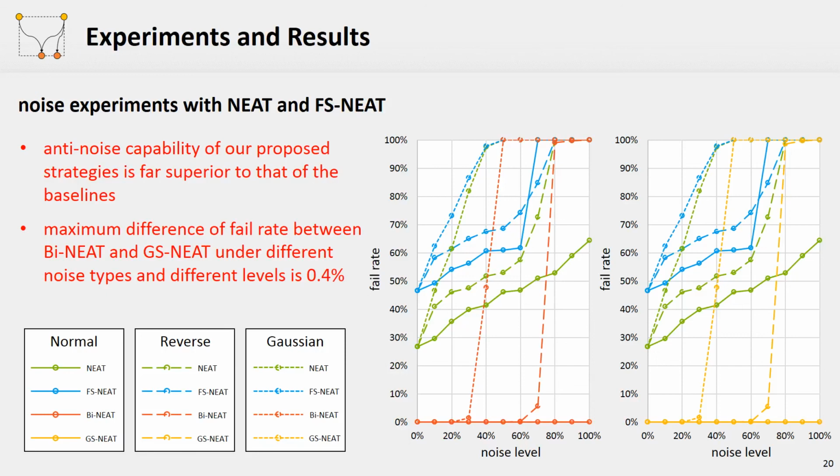The baselines increase significantly at the beginning under all types of noise. For the strategies we proposed, the difference between them is not obvious, and the maximum difference is only 0.4%.